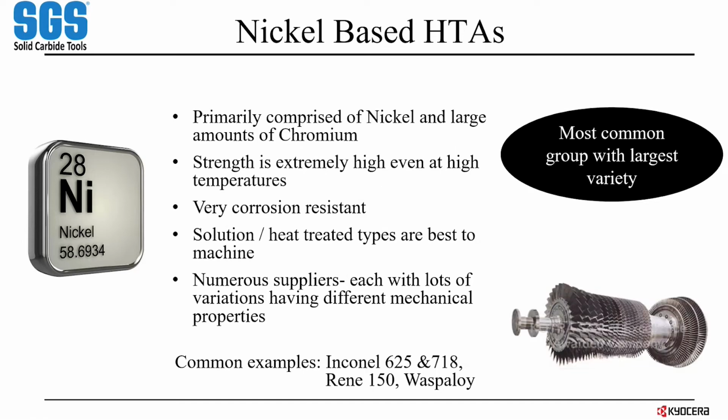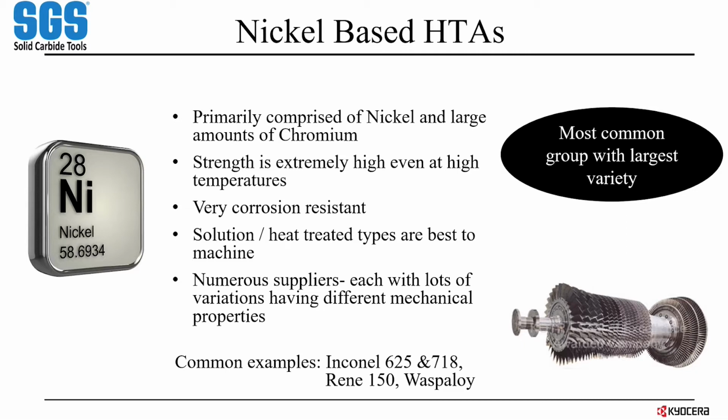Next up, we have the nickel-based. This is what you're usually going to see the most of. They are large amounts of chromium mixed with nickel. Strength is really high at high temperatures, very corrosion resistant. You have better luck machining the heat treated versions or solution treated versions. And there's a lot out there.